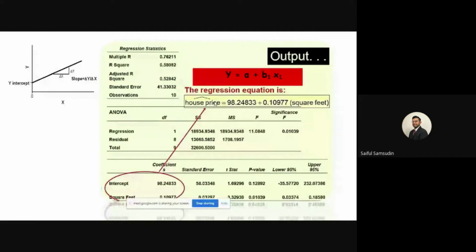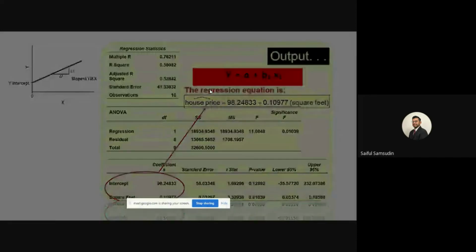If you don't have the house price data, but you already have the square feet data, you can put the square feet data into this model and predict the value of house price.